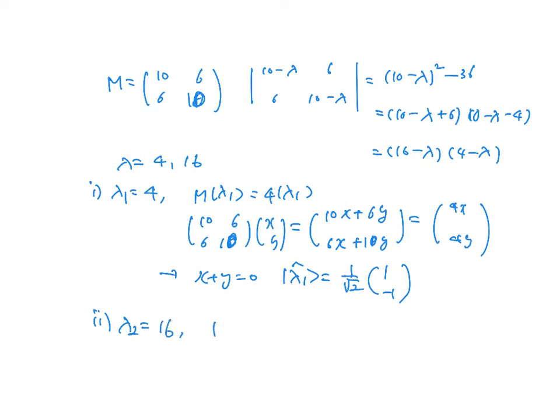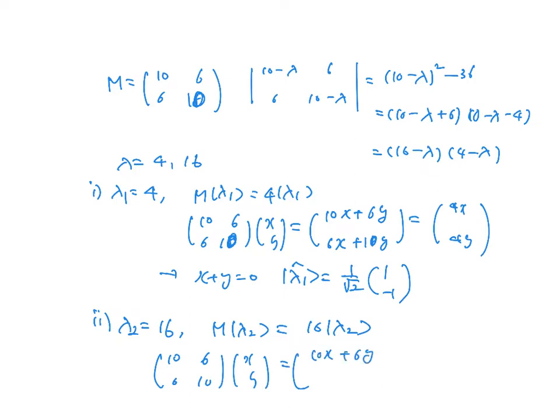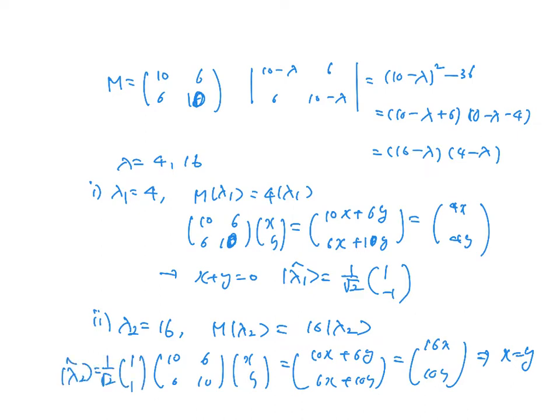So M acting on the eigenvector for lambda 2 gives 16 times it: 10x plus 6y, 6x plus 10y equals 16x, 16y. That means x equals y, right? So for lambda 2 the eigenvector can be 1 over square root of 2 times (1, 1).